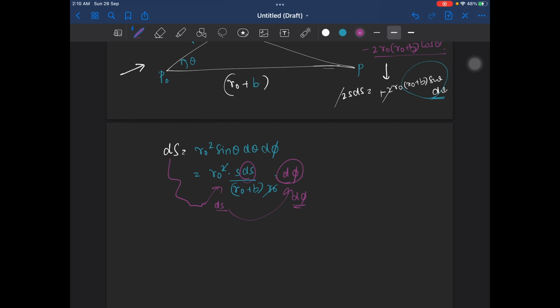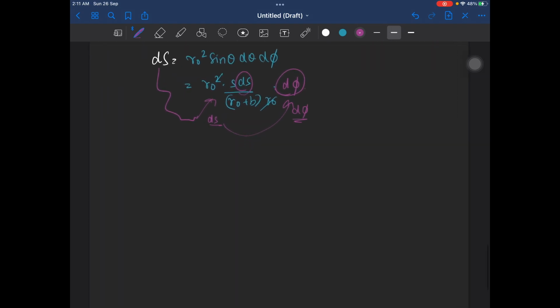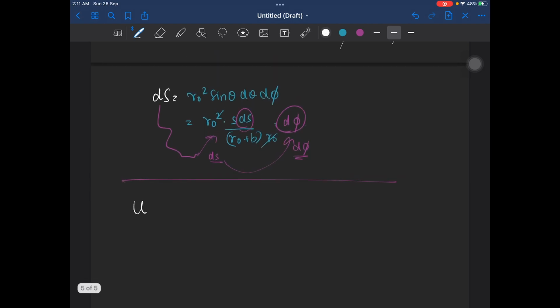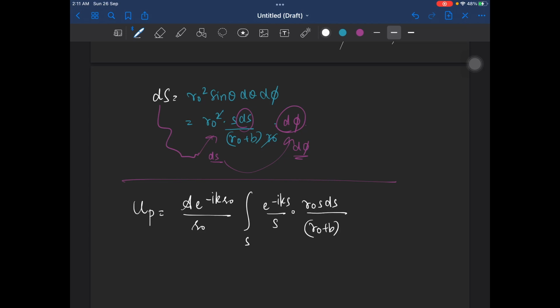So we achieve integral of s into r naught s ds by r naught plus b into d phi. This is gone, and there is a k chi, sorry.